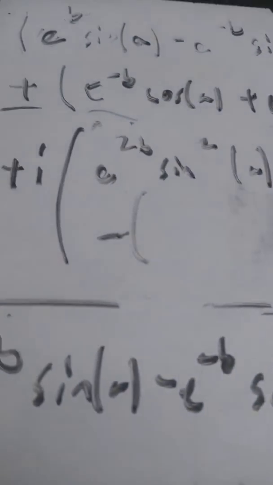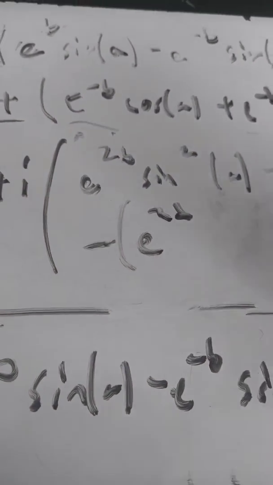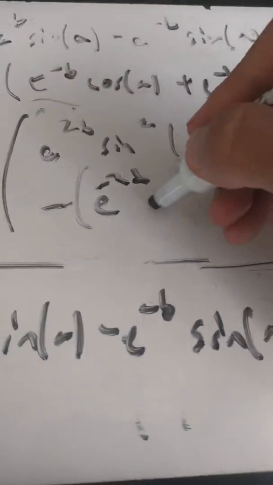So now you could just subtract this stuff. That will be e to the 2b, if you multiply them together. e to the 2b cosine squared of A, e to the negative 2b cosine squared of A, cosine A times cosine A, of course.